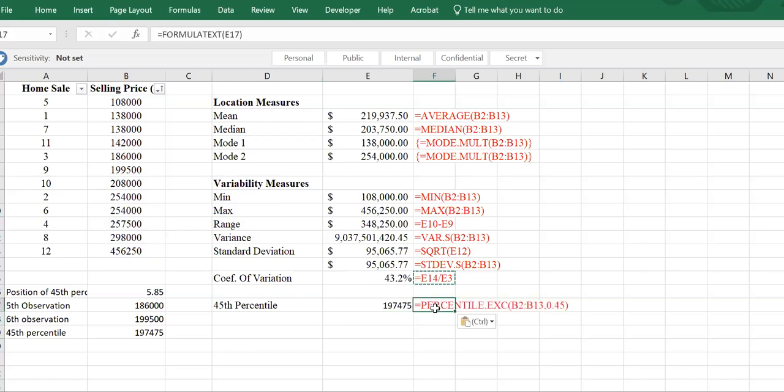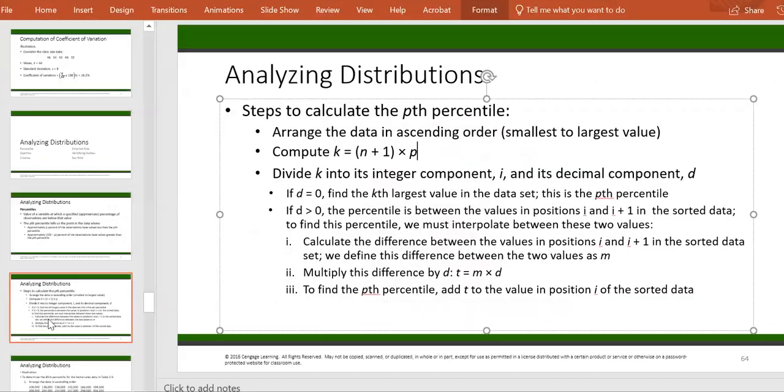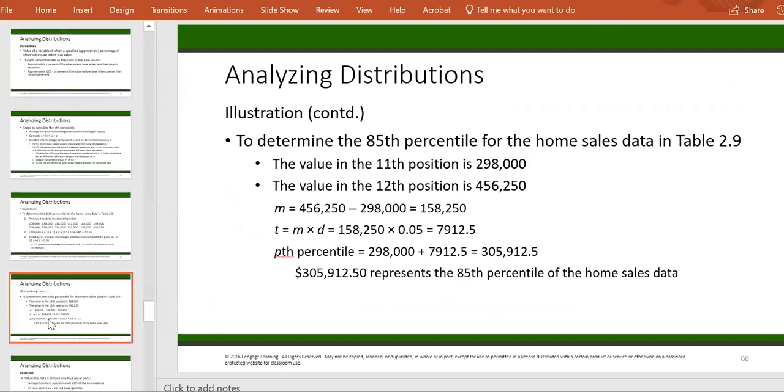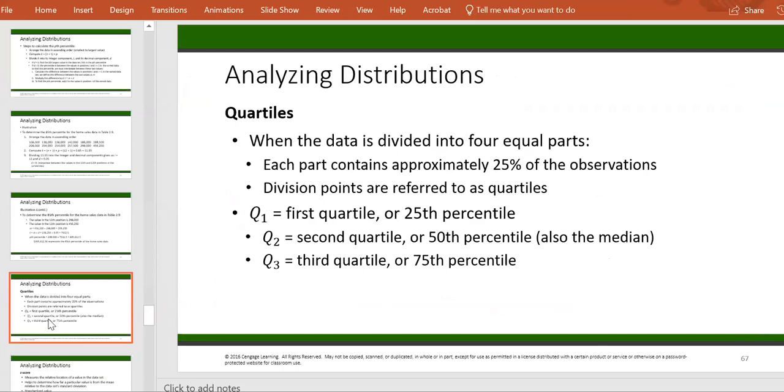So that's for percentile. Now, a specific type of percentile is called quartile. When we are not looking at all the numbers from 1 to 100, but just the multiples of 25, like 25, 50, and 75, these three are called the 25th percentile, 50th percentile, and 75th percentile.